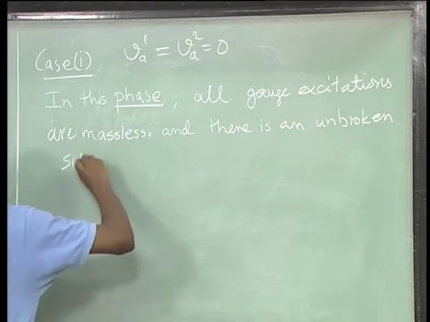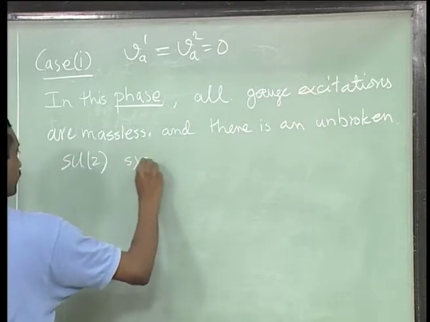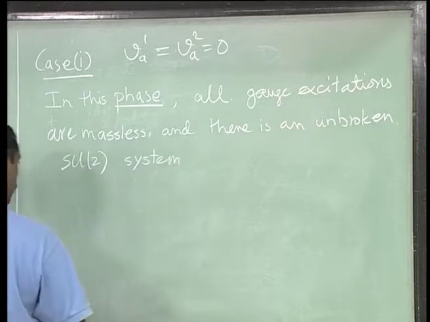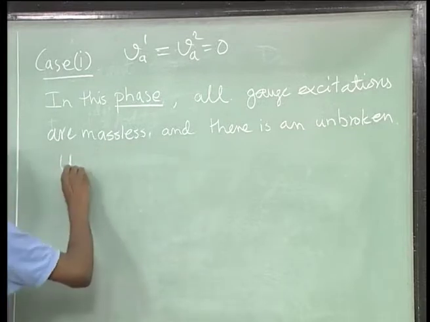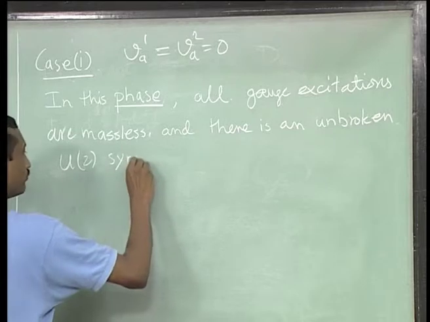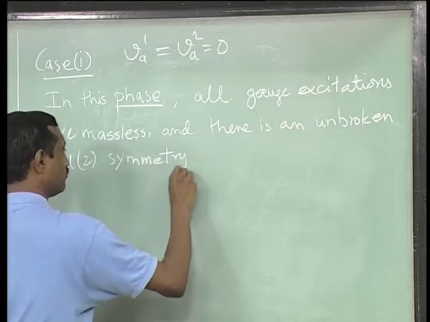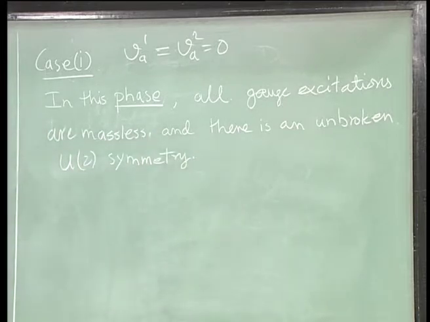I will keep going back and forth. Let's call it U(2) only. It is very easy to see; you work it out to quadratic order, and you can see that.